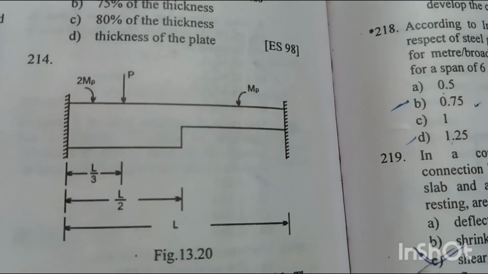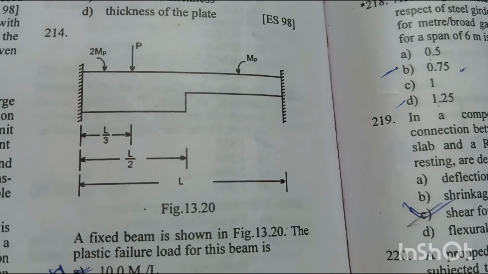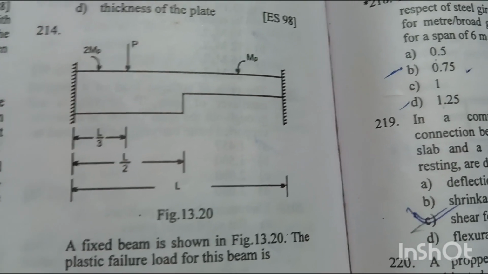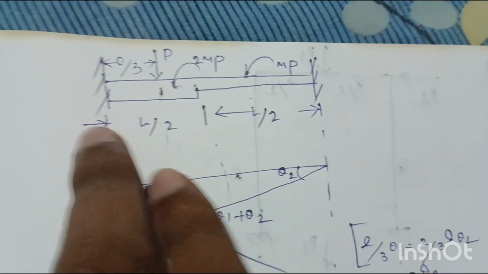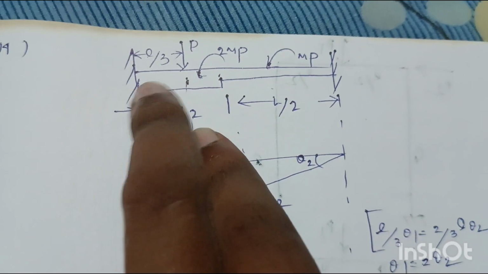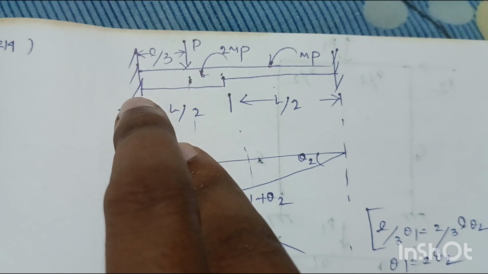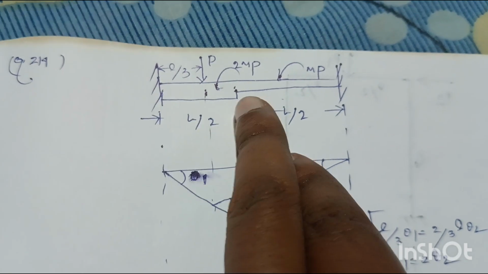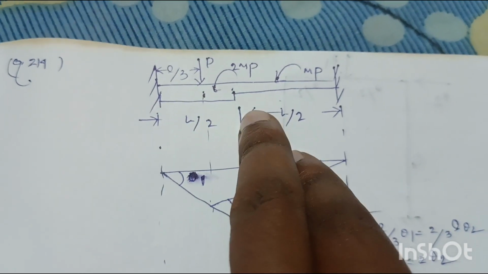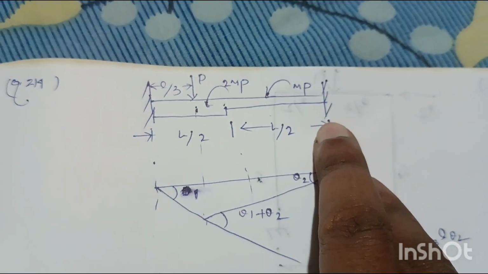Question number 214. A fixed beam is shown in figure 13.20. The plastic failure load for this beam will be. Suppose this is the fixed beam. The point load acts at a distance L by 3 from this end. Up to the middle of this beam the moment capacity will be 2 MP, and up to this support it will be MP.